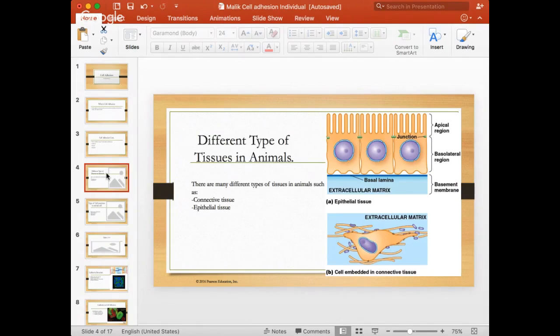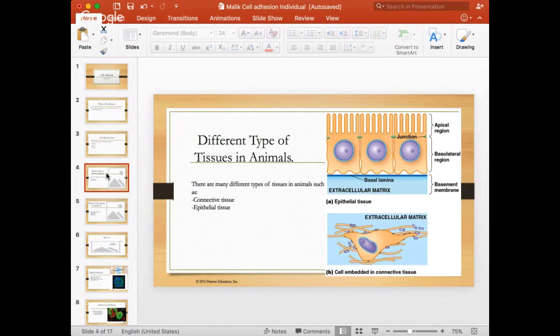So we do have different types of tissues in cell adhesion. We have connective tissue and we have the epithelial tissue. As for the epithelial tissue, it's the outer layer of the skin, and cell adhesion is going to hold all these cells in the correct layer.